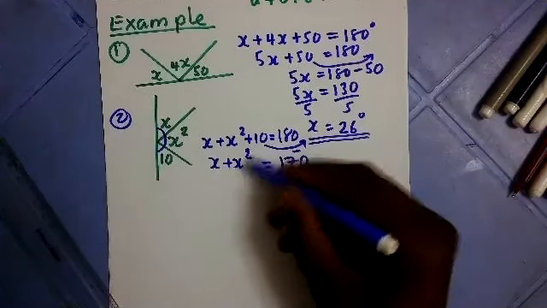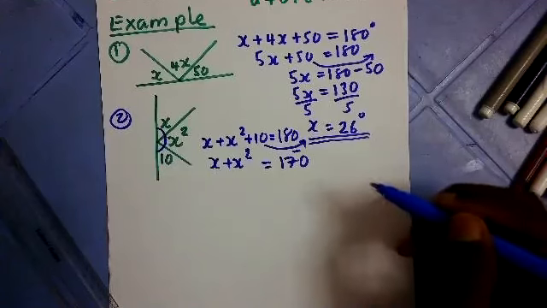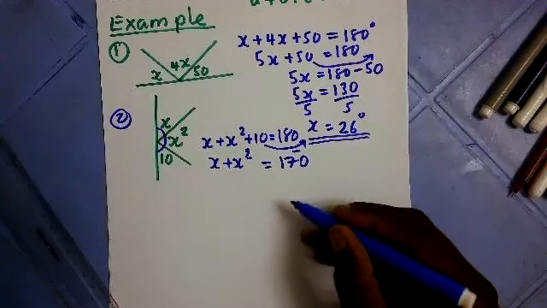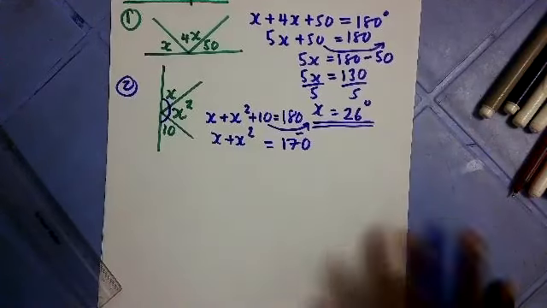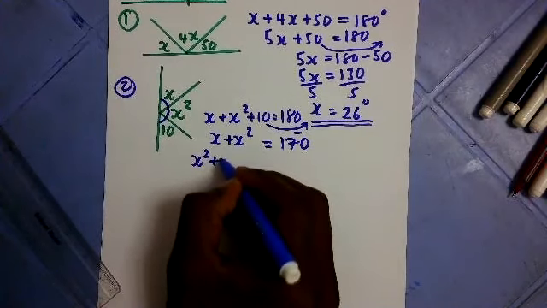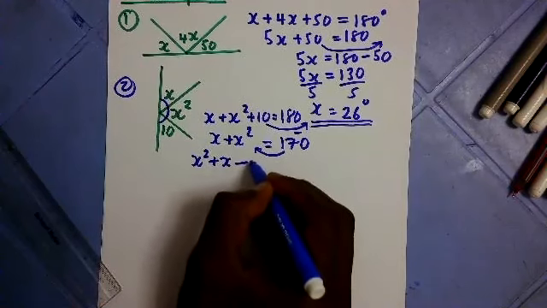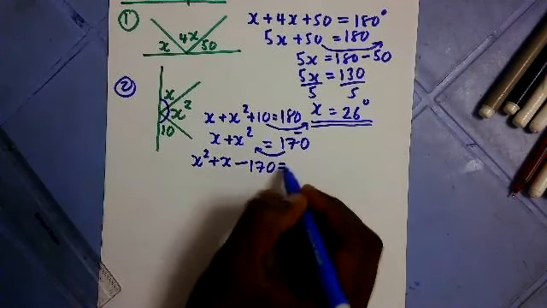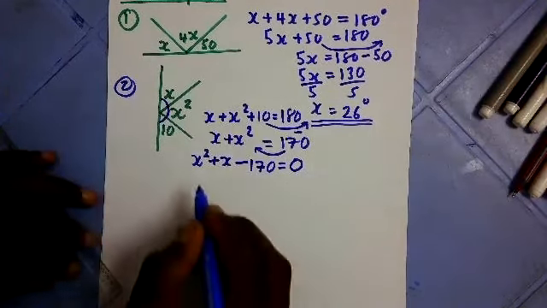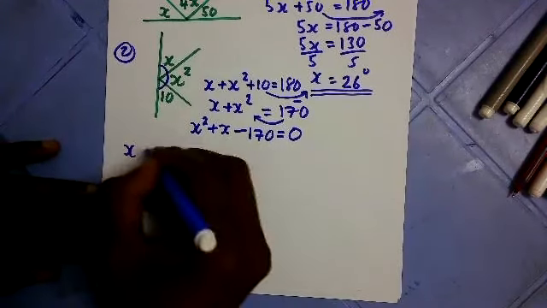Because I cannot add x squared and x, I will take my knowledge back to quadratic equations. And I will have to rearrange my question in the form of a quadratic equation. I will have to get x squared first, plus x. Then I have to get this 170 and bring it to the side where there is x squared and x. Then I get my quadratic equation. After getting my quadratic equation, definitely I have to use my general formula.